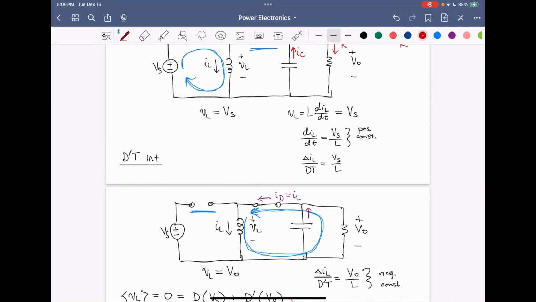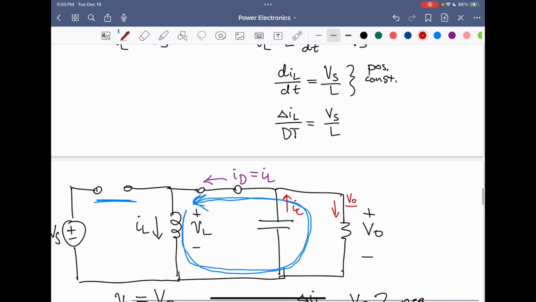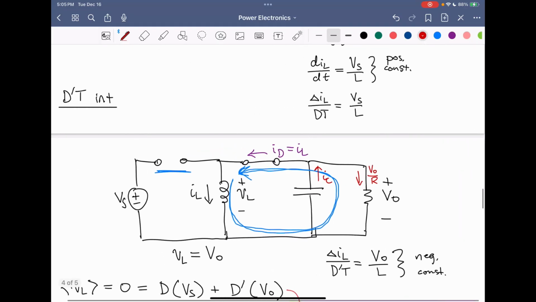Now in the D prime T interval, the capacitor current is also going to include a component of the diode current. So in this case, by KCL, we see that the capacitor current is going to equal the diode current plus the output current.